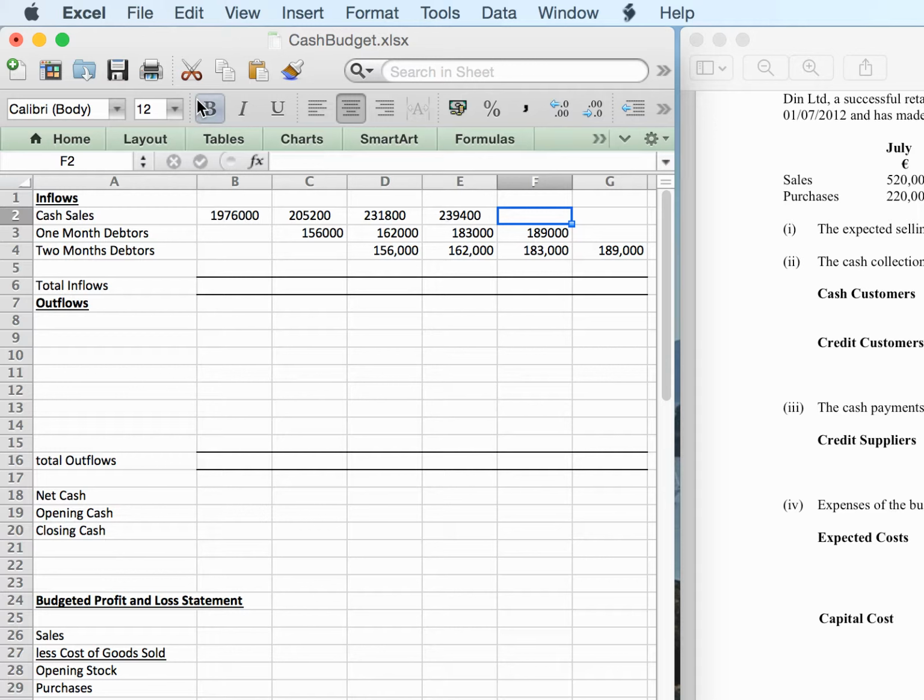Then we move on to November's figure. We've done 630, so this is 640 for November. And finally 660.